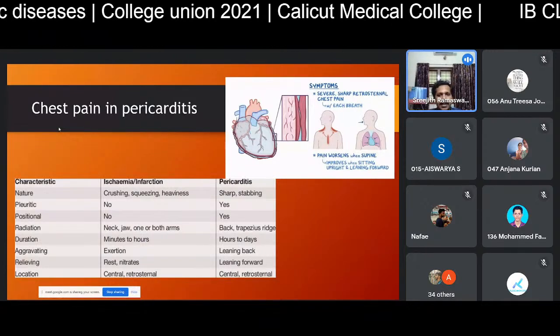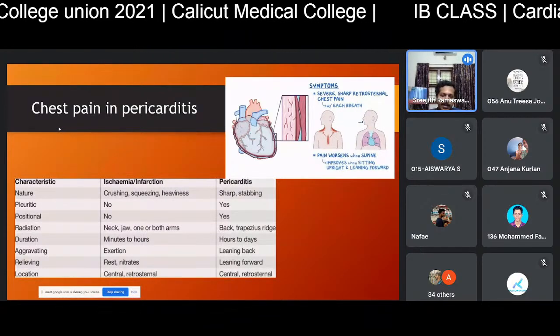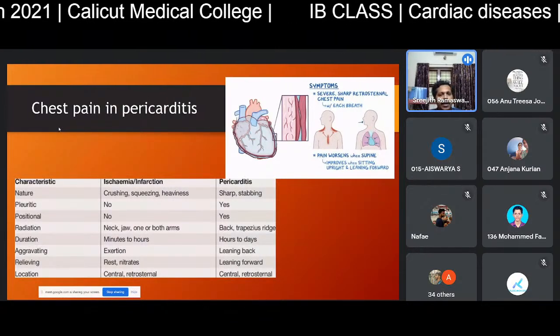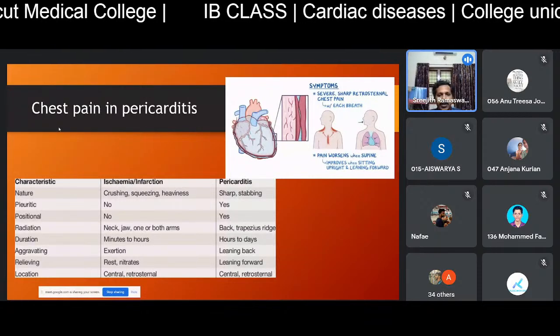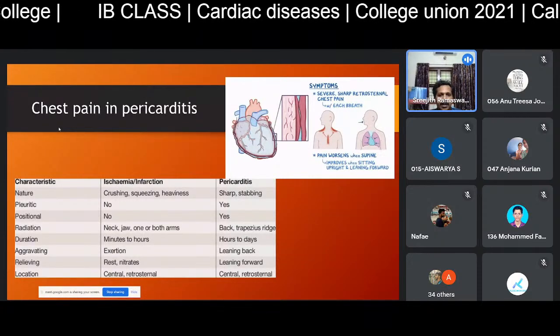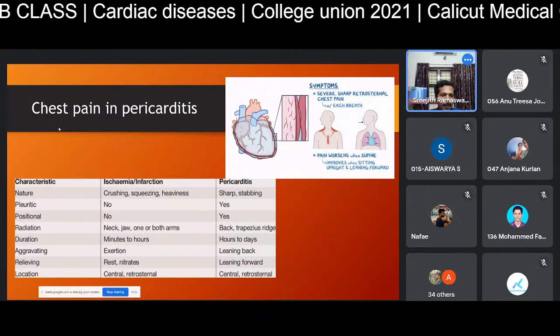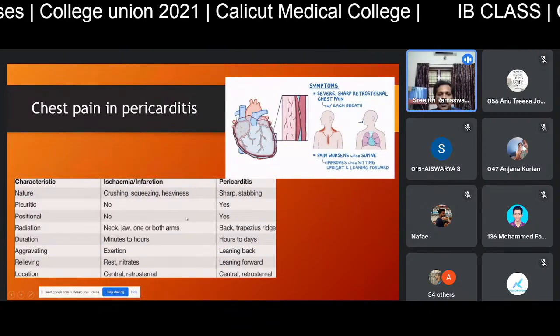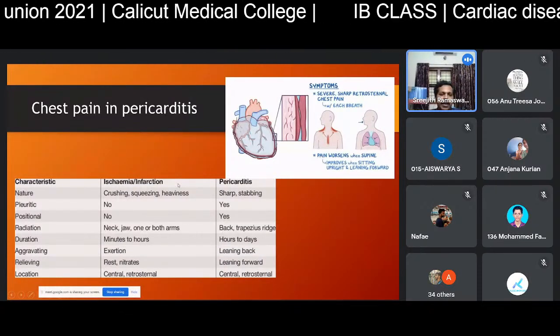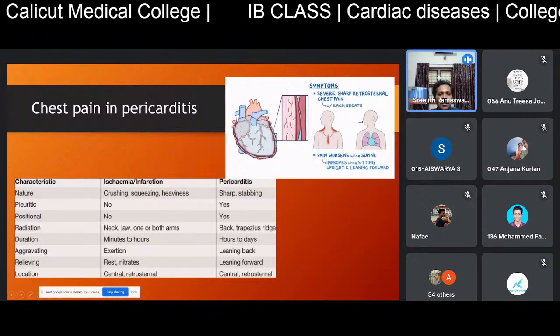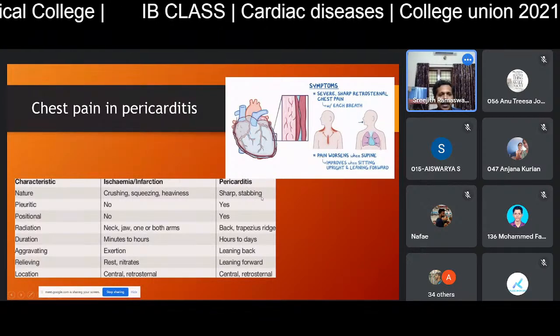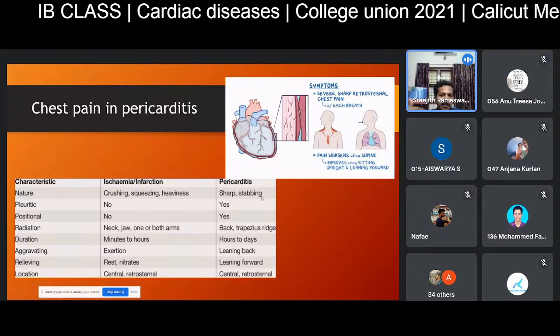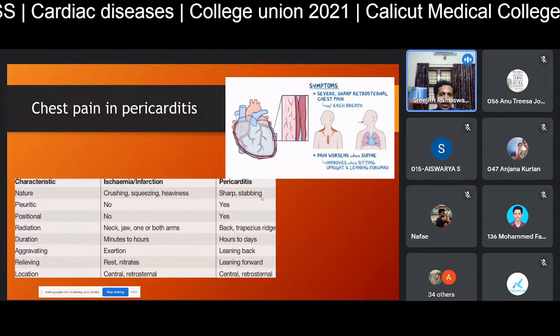The characteristic thing is that pericarditis also presents with chest pain. So you have to differentiate that from myocardial infarction. When a patient comes with acute chest pain, you have to differentiate between pericarditis and myocardial infarction. As you know, myocardial infarction produces an angina; we have discussed the typical findings yesterday. Pericarditis is actually a sharp stabbing pain, and it is usually radiating to the back or neck.